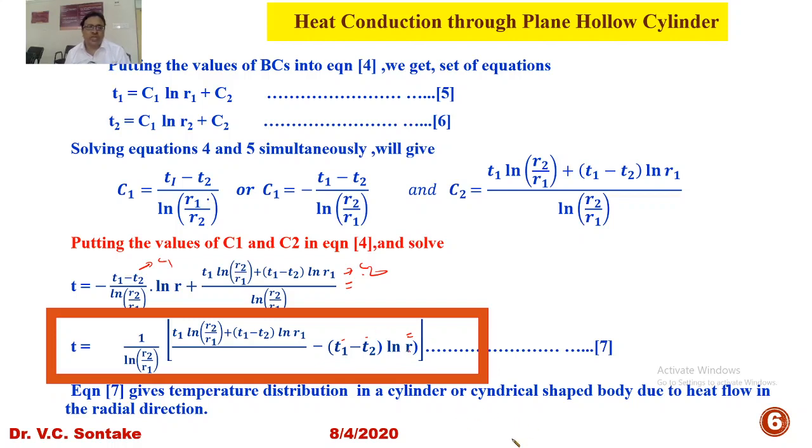So the only unknown is r, that is the distance in the radial direction, and at this distance I can find out the temperature. So equation 7 is a very important equation to calculate the variation of temperature of the cylindrical surface.